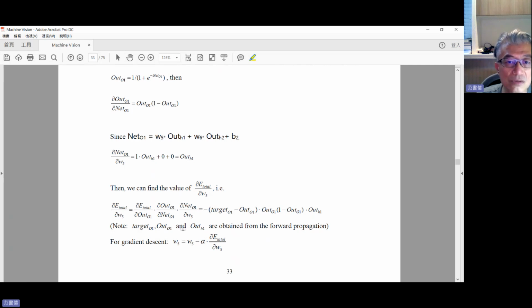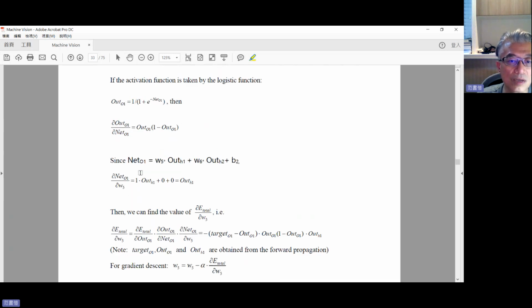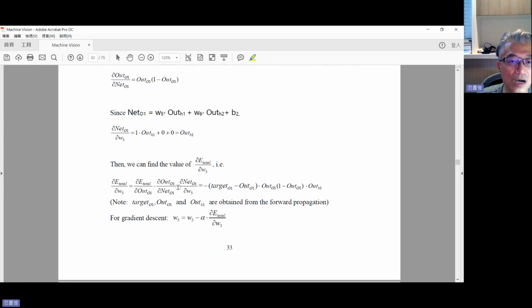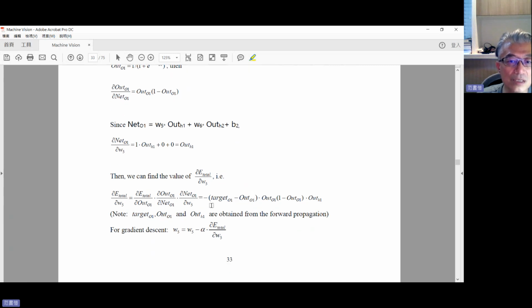Then that is equal to the minus target, minus the parenthesis target O1 minus the output O1. And this is the partial E, partial O1, partial O1, partial net O1 right here, times partial net O1 and partial W phi.